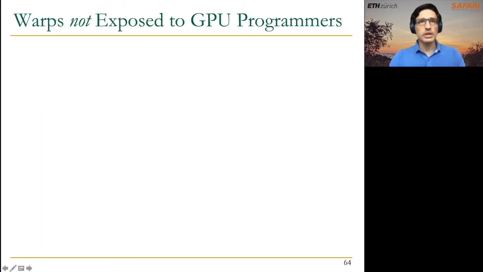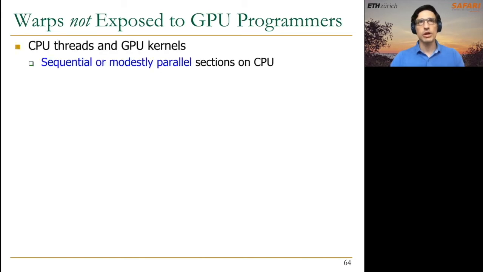So what the programming model does is hide the concept of warps from the programmer. These warps are not really exposed to the GPU programmers. However, what the programming model exposes is a similar organization that is called the block in the CUDA programming model, or is called the work-group in the OpenCL programming model. And from the programming perspective, what we do is group the whole bunch of threads that we want to run on the GPU into different blocks of threads.